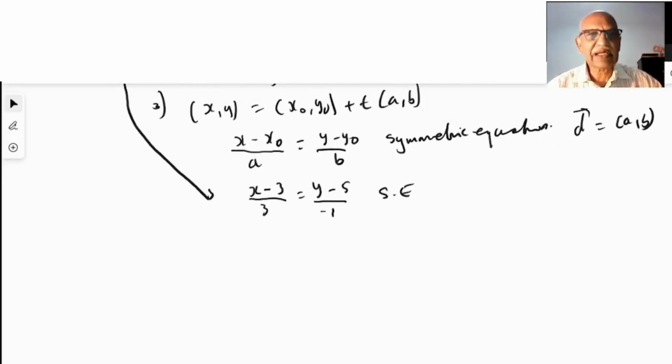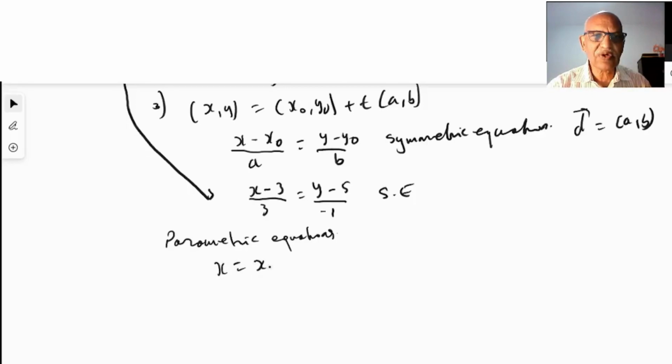Now another format of equation we have is called parametric equations. Parametric equations are when we isolate x and y. From the symmetric equation, we get x equal to x0 plus t times a, and y equal to y0 plus t times b, where (a, b) is always the direction vector.